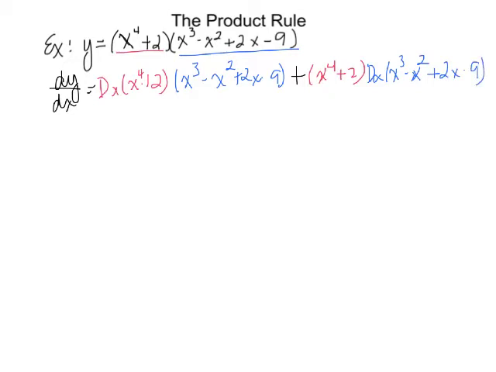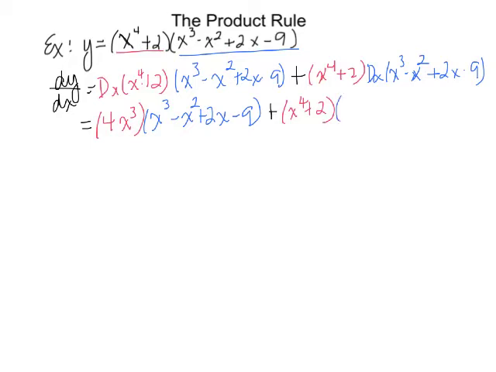So let's go ahead and get to work here. The derivative of x to the fourth plus 2 is 4x cubed times x cubed minus x squared plus 2x plus 9. I don't take the derivative of that, I only take the derivative of one of the factors at a time, plus, now they switch, x to the fourth plus 2 times the derivative of the second function. So that's 3x squared minus 2x plus 2.